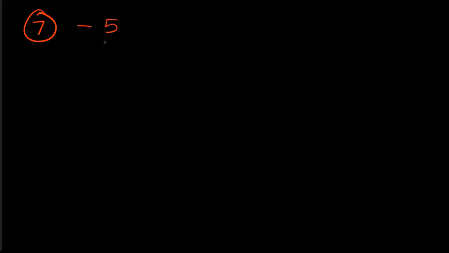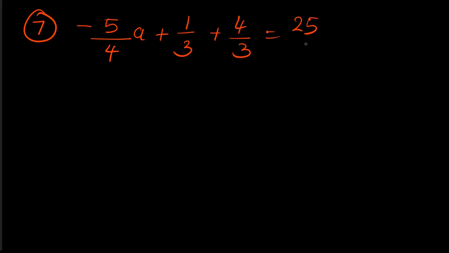Negative 5 over 4a plus 1 over 3 plus 4 over 3 is equal to 25 over 6. So we can see two fractions here with no variables.